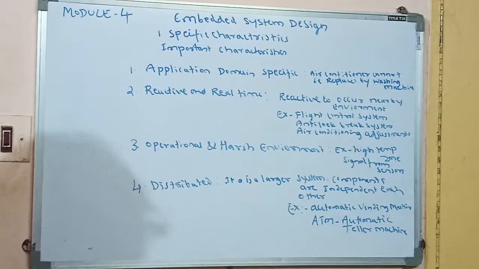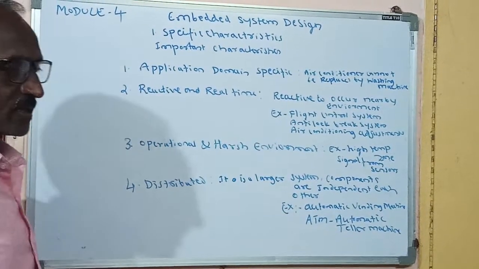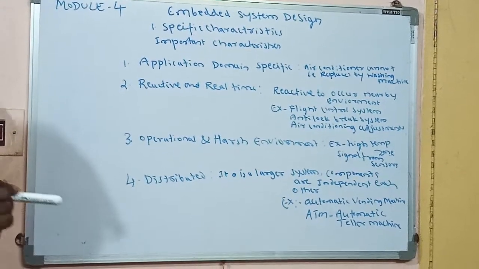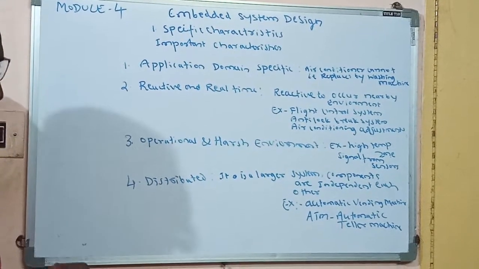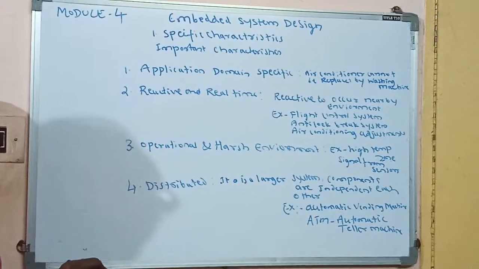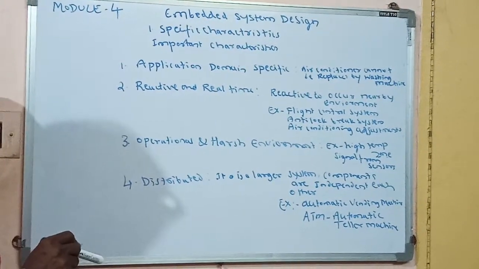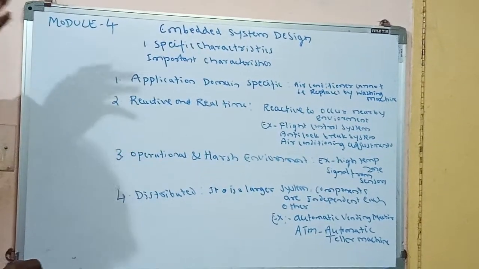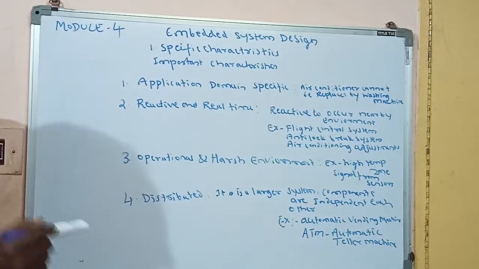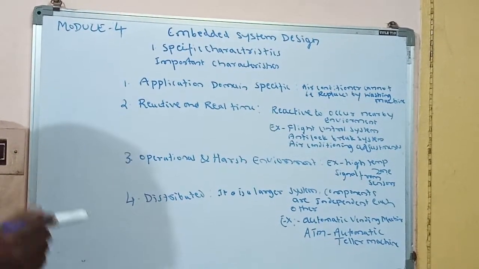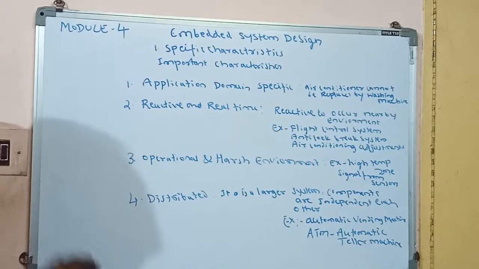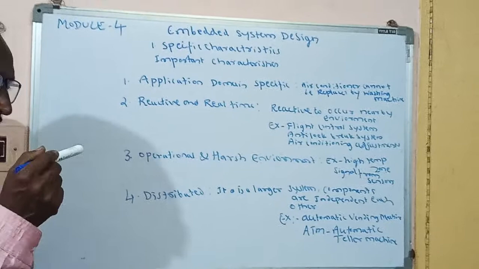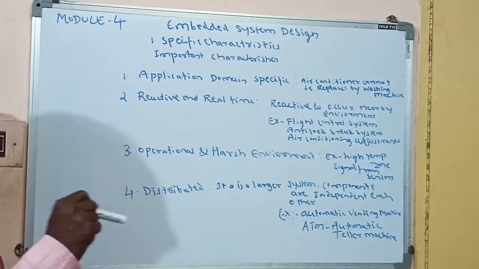The architecture is the same, but we are learning the characteristics of embedded systems. First one is specific characteristics. You can utilize this type of characteristics only for specific applications. So what are the important characteristics? If you take any one system, first our job is to analyze the components. It may be related to current, voltage, power, cost, or efficiency.